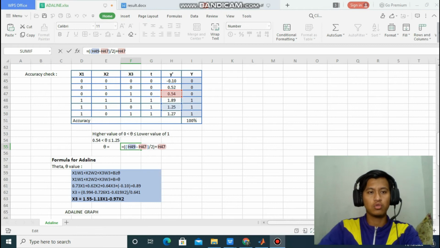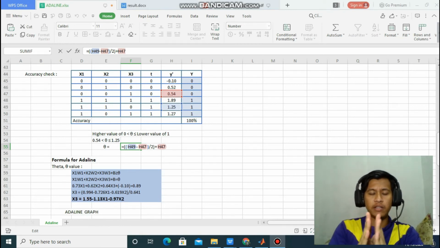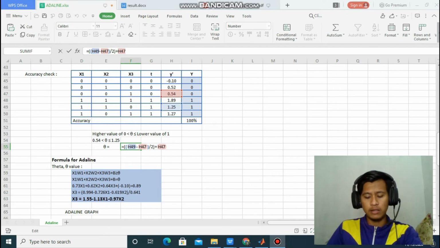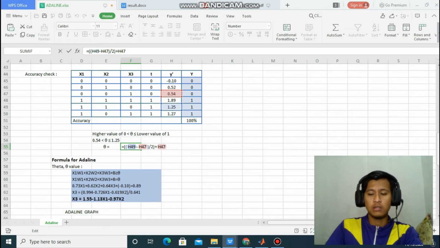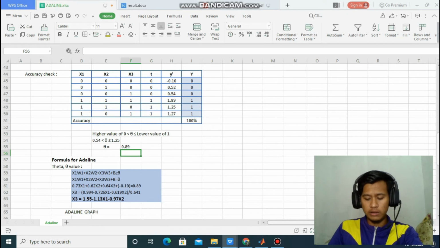The next step is to find the different range for the data. For this data we will use the formula: cluster 2 minus cluster 1, divided by 2, plus cluster 1.